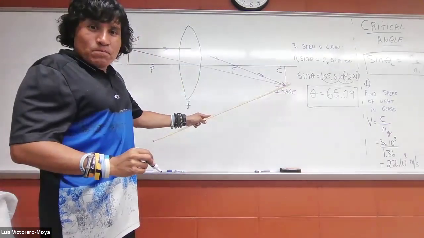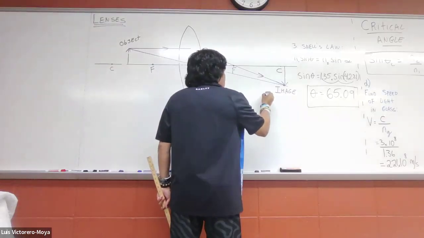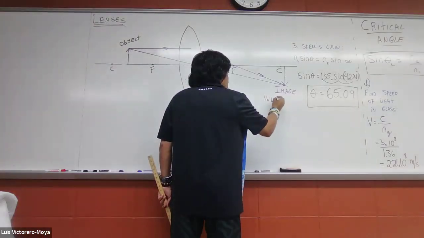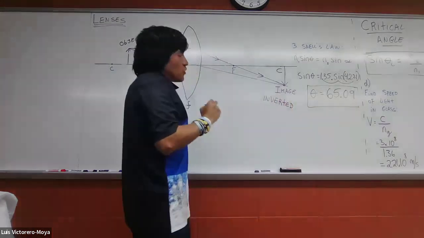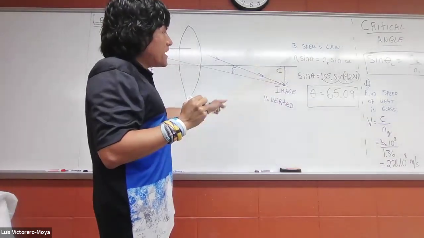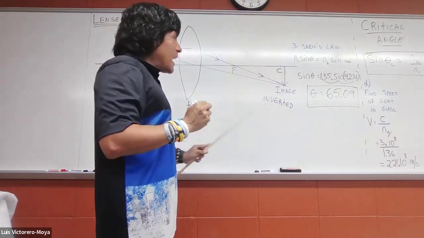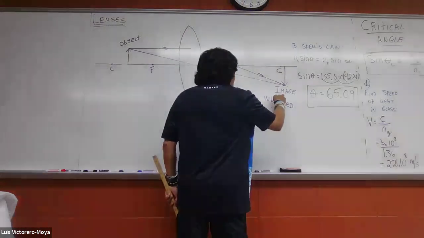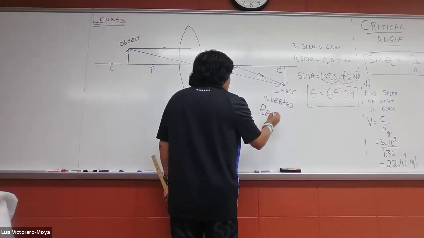That image, the first thing that you should realize is that it's inverted. But also, if you were to place a screen here, you could see the image. That means that this image is also real.